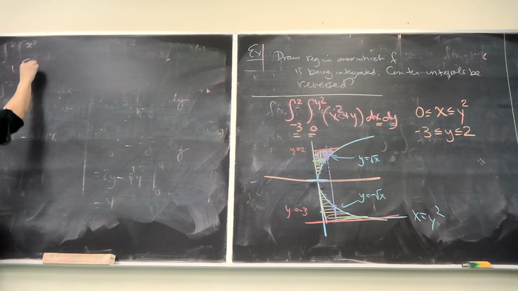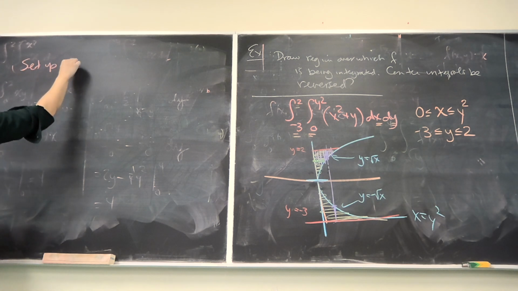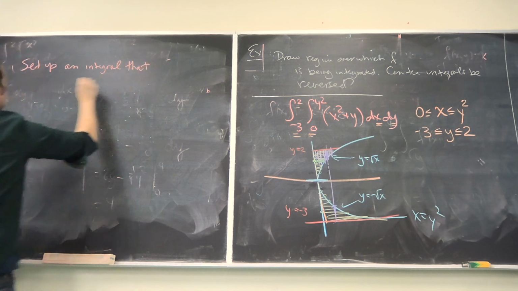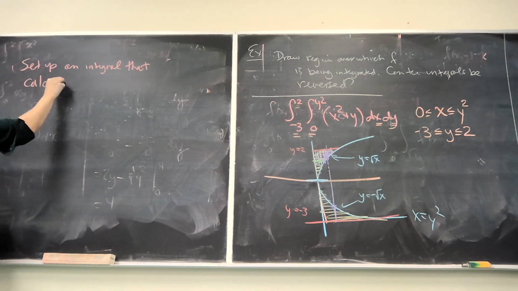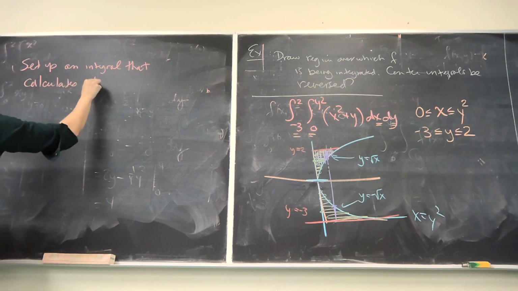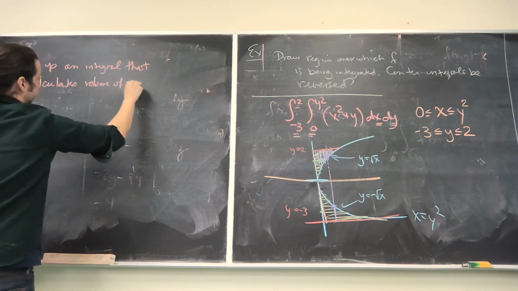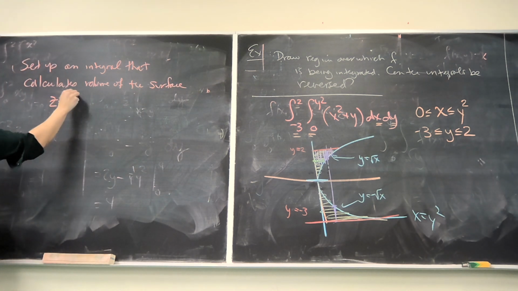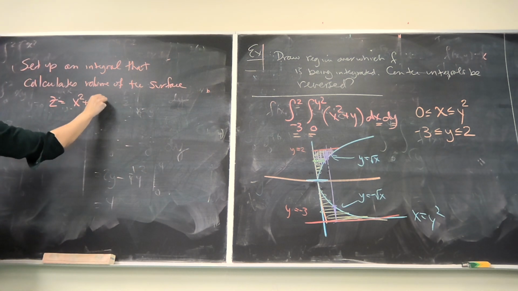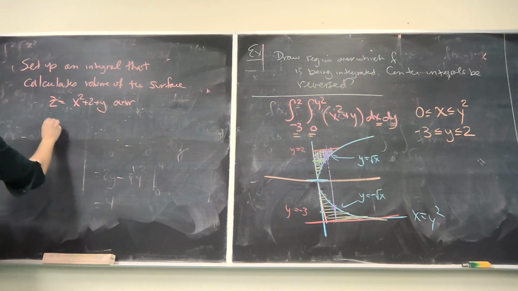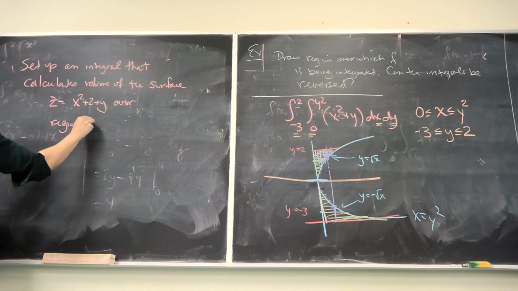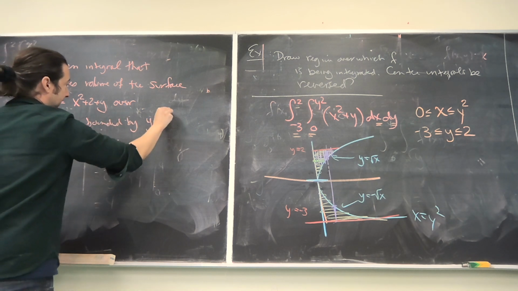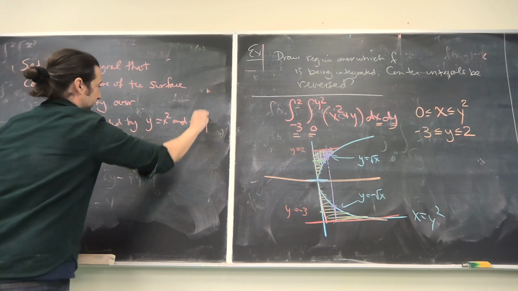Set up an integral that calculates the volume of the surface z is equal to x squared plus 2 plus y over the region bounded by y is equal to x squared and x is equal to y squared.